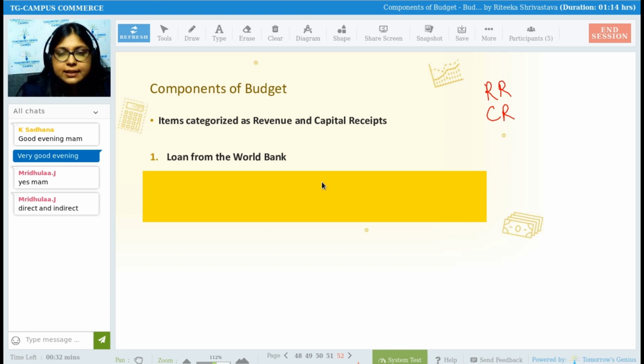Okay. Gokul says it's a capital receipt. What about others? Yes. Dhanushri, Mridula, everybody replied.